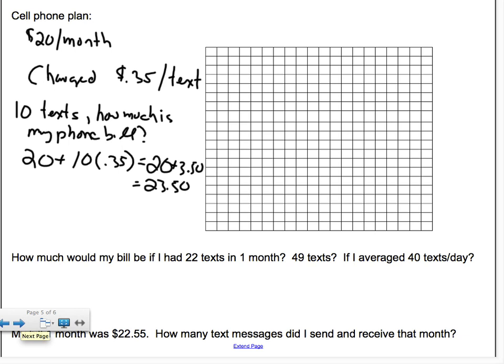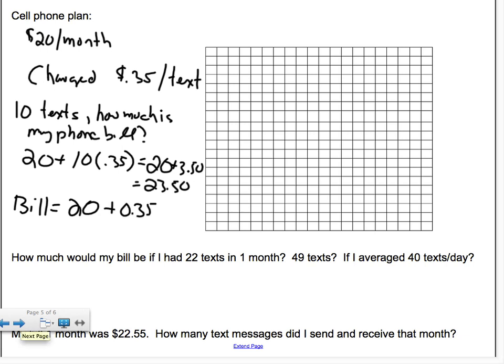What happens if we get 12 texts? What happens if we get 15, 20, 36, 92? 92, it'll be pretty bad. How can I come up with an equation for my phone bill? So here my bill is equal to 20 plus 0.35 times the number of texts.